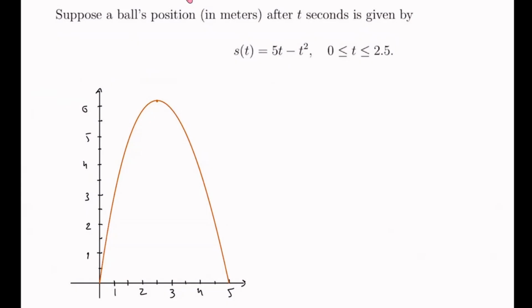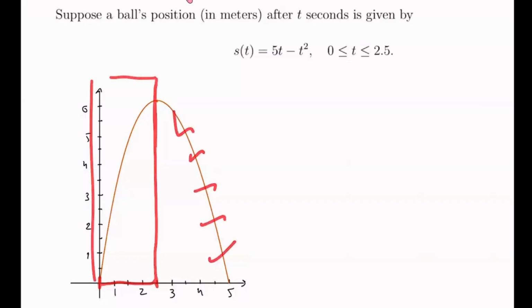So this is how the graph of the position function s of t looks, but since we are working only with the interval from 0 to 2.5, we'll be looking only at this portion. We don't really need this portion.